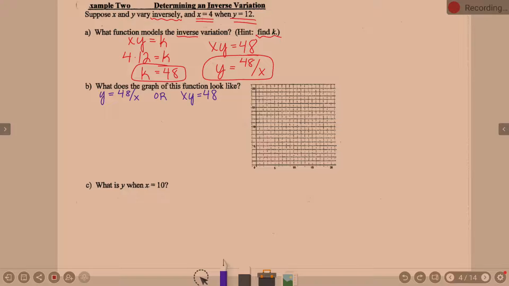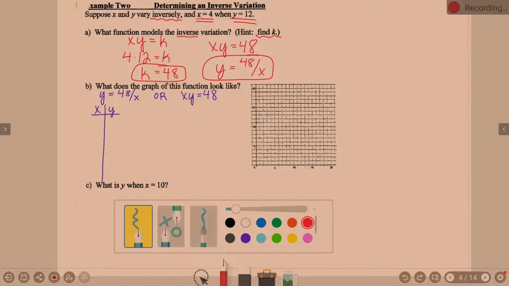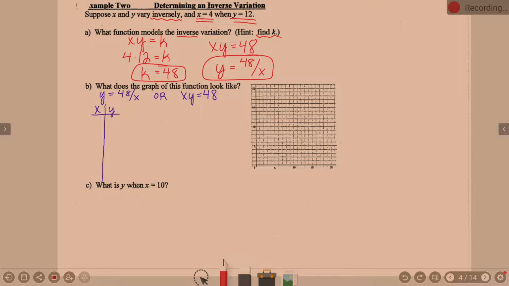On this one, as I go to set up my XY chart, I don't know that I would do my typical 0, 1, 2, because you're not going to get a very good look. It's going to be hard to see the whole graph. So my recommendation, instead of doing your typical 0, 1, 2, is to think differently with me.